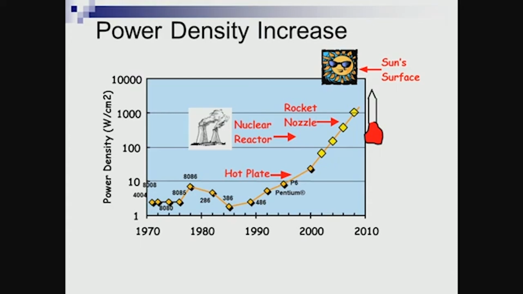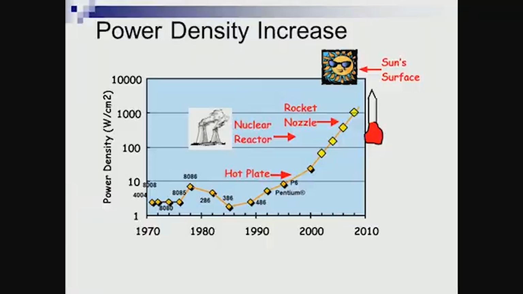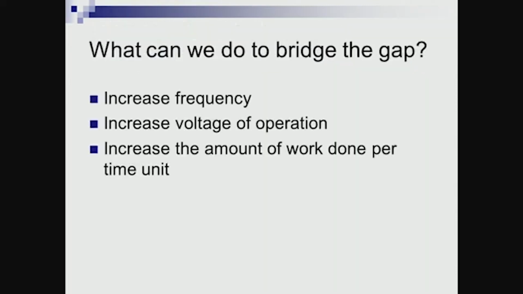This is very complicated, because as frequency increases, power consumption and power density, the amount of power consumed per centimeter square, also increase, and that can lead to a lot of temperature issues, which is something we cannot even imagine. So, we can go at maximum up to a hot plate, and that is where things have stopped. As you see in the graph, it all stopped at the P6 Pentium, where we touched a hot plate in terms of temperature dissipation. So, what can we do to bridge this gap?